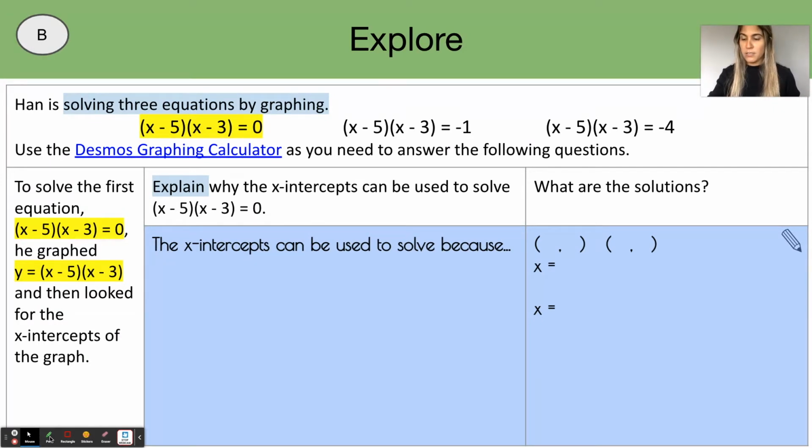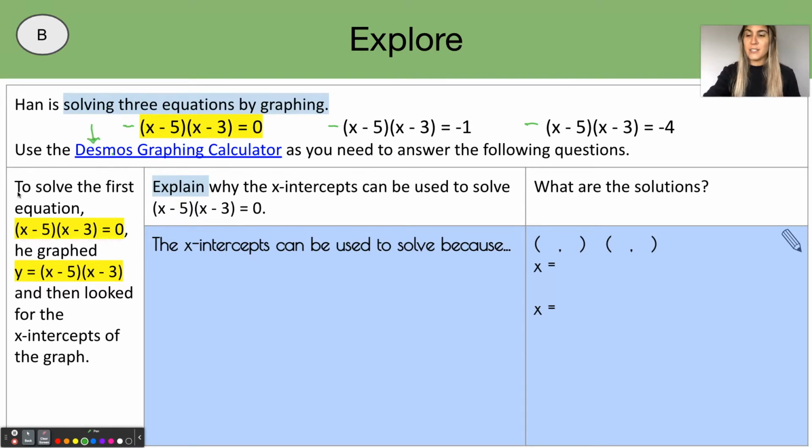We are given the 3 equations right here, but we are going to do one at a time. It says, use the Desmos graphing calculator as you need to answer the following questions. You can click right here, it's linked right into the lesson, and your Desmos calculator will open up.